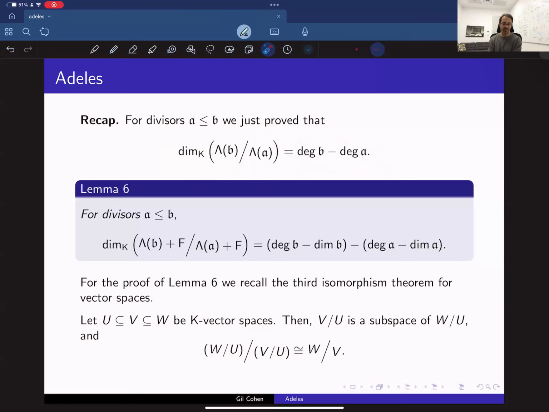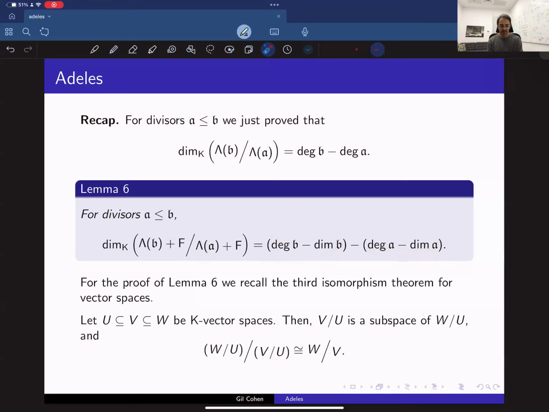Well, there is another lemma that tells you that if you add to each of these lambda spaces F, recall F is embedded in the space of adeles, so that's a sum within the k-vector space of adeles, then the dimension as a k-vector space of this quotient captures not the degree difference, but the degree minus dimension difference, what we call the deficiency difference. So this is the deficiency of B and this is the deficiency of A.